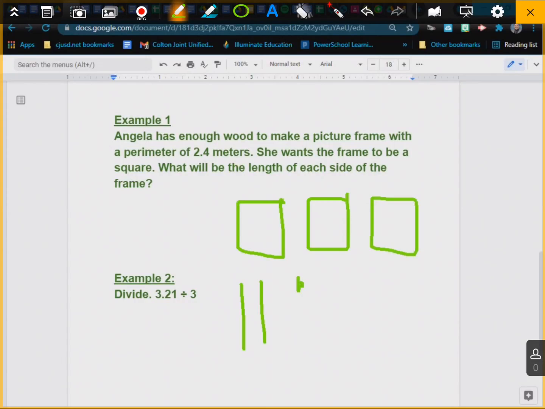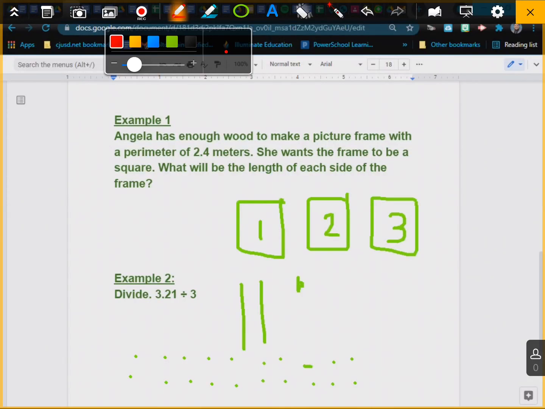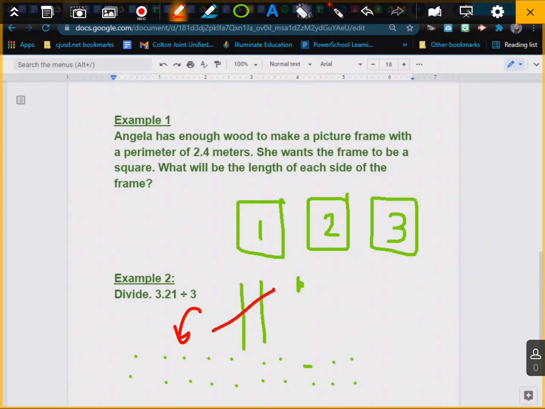So if we're going to divide it by 3, we could put each of these wholes into 1, 2, 3. And we know that for the 21, we have to take these tens and break them off into little pieces, 1, 2, 3, 4, 5, 6, 7, 8, 9, 10, and then this one too. We have to break these apart. So I'm going to cross this out, and it's going to be replaced into these.